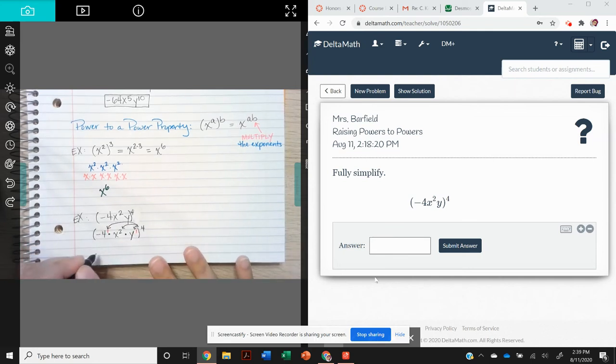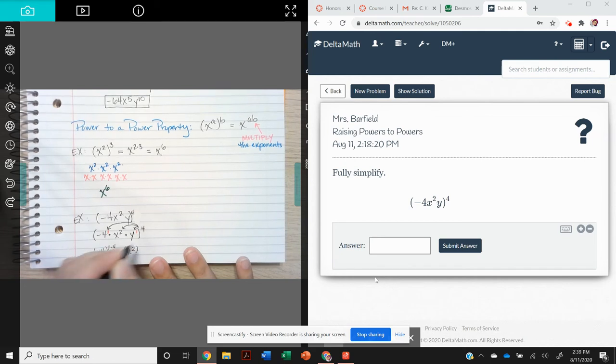So I have negative 4, which I'll keep in parentheses and I'll tell you why in a minute, to the 1 times 4, times x squared to the 4th power, or 2 times 4, times y to the 1 to the 4.